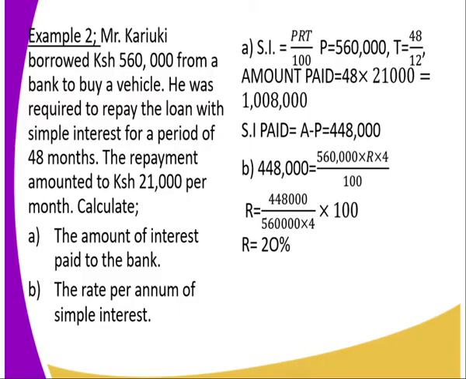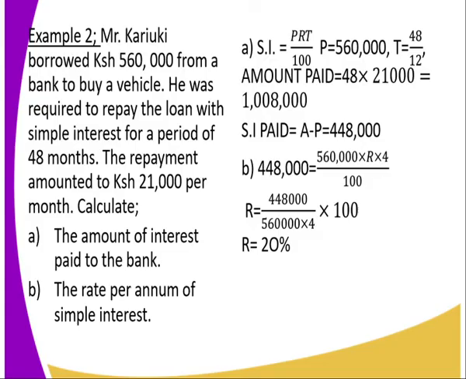It's supposed to be the amount minus the principal. That is 1,008,000 minus 560,000. It is giving us 448,000.